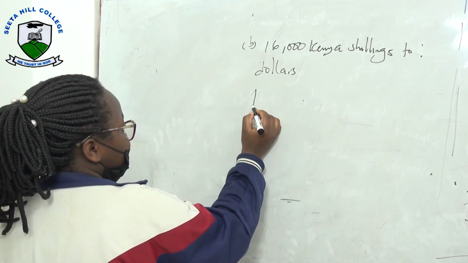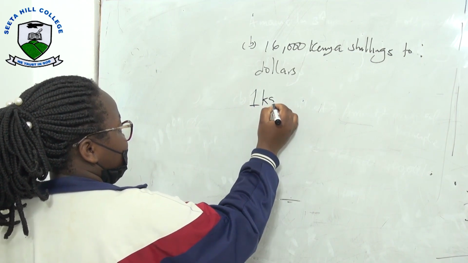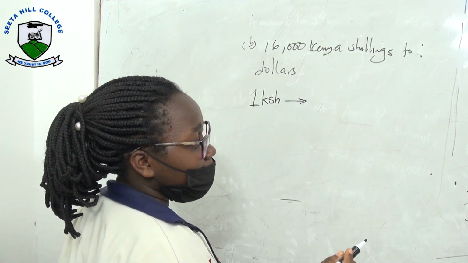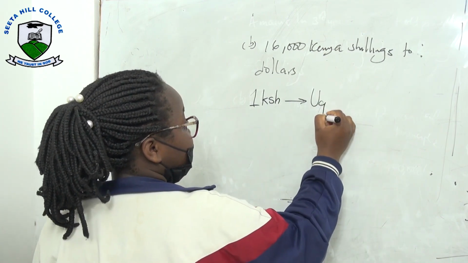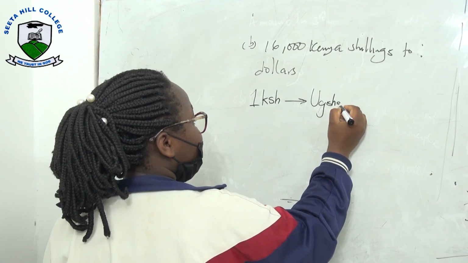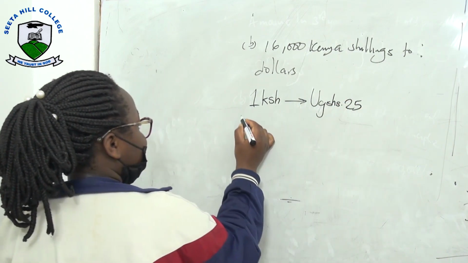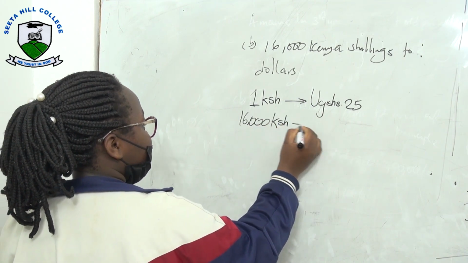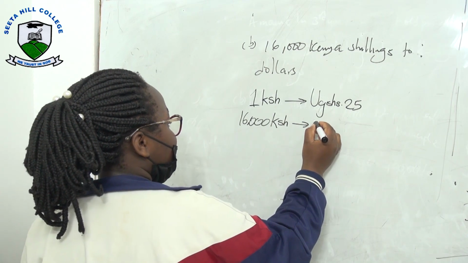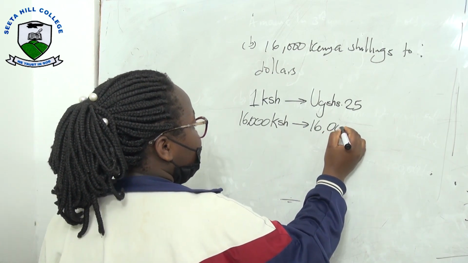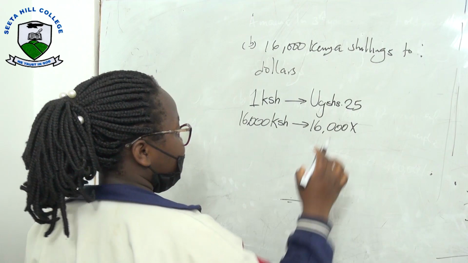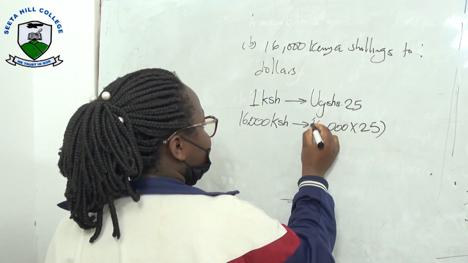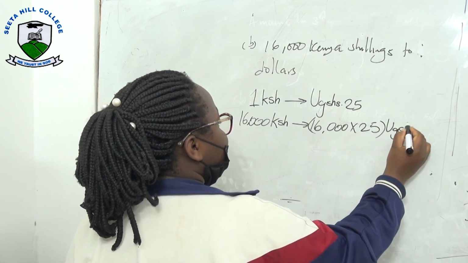The question says that 1 Kenya shilling costs 25 Uganda shillings. So 16,000 Kenya shillings times 25, all in Uganda shillings.